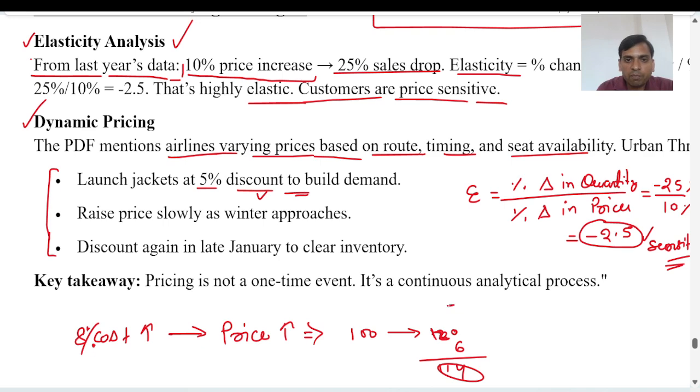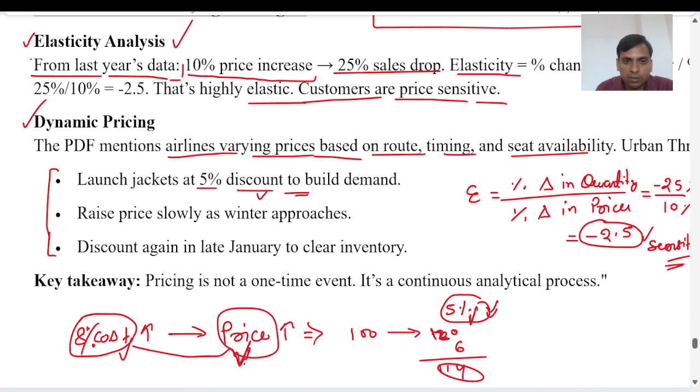If you give a 5% discount, then the customer thinks, we are getting a 5% discount, so we should purchase this. And as per economics, the cost increased, so the price also increases. This is also fulfilled. This is the first option: increase the price and give a 5% discount.